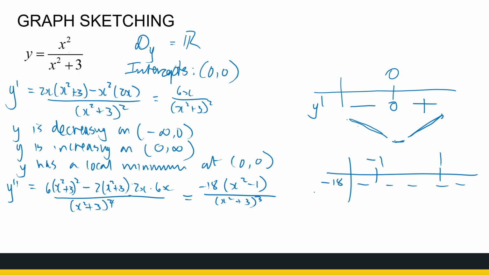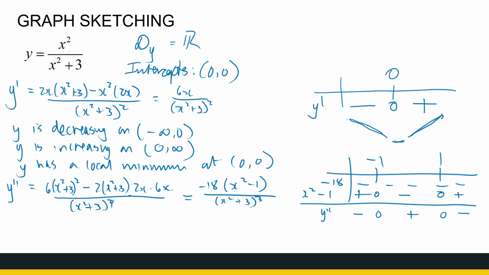That's always negative. X squared minus 1 is 0 at minus 1 and at 1. For values between minus 1 and 1, I will have a negative, and it's going to be positive everywhere else. So then bring it all together, and my second derivative is negative, 0, positive, 0, negative.